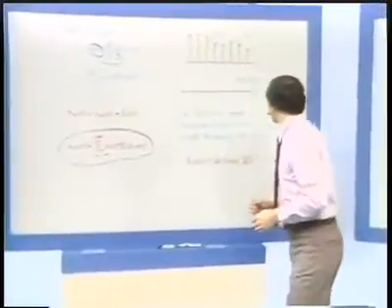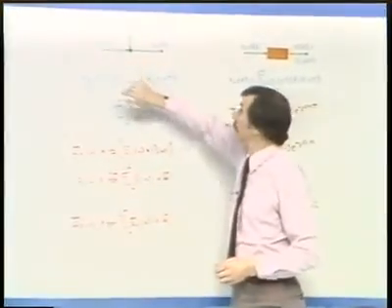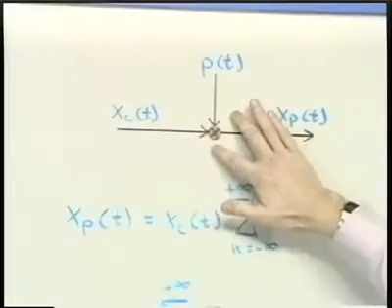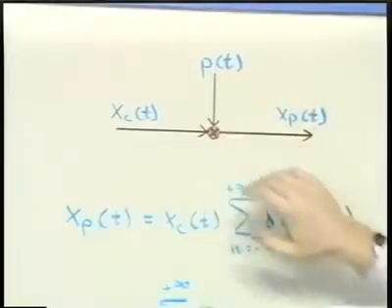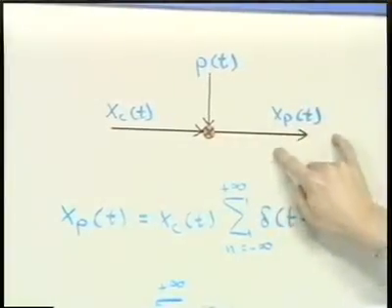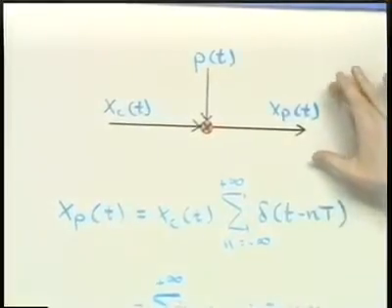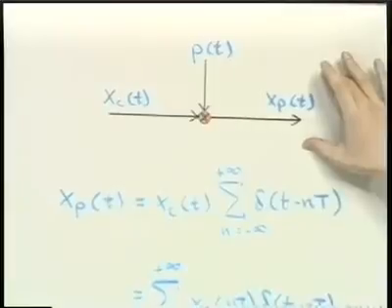And in particular, what we have is a process where the continuous time signal is, of course, modulated or multiplied by an impulse train, and that gives us another continuous time signal. We're still in the continuous time domain. It gives us another continuous time signal, which is an impulse train.